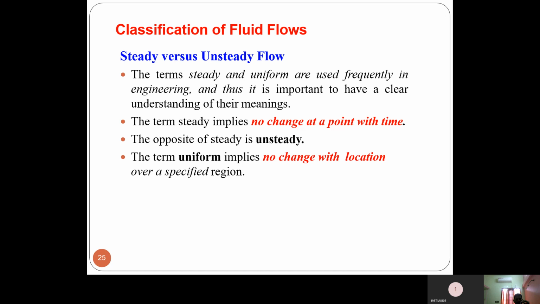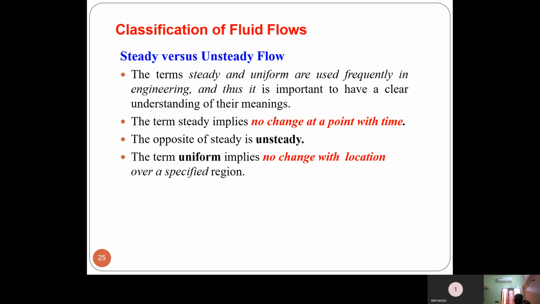In a simple manner, if the fluid velocity is constant irrespective of time, that is steady flow. If the fluid velocity changes with respect to time, then that is called unsteady flow.